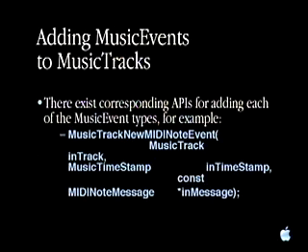So here's one example. There's an API corresponding to each one of these types of events, and all of them are very similar to this one, so I'm just going to go over the one. This is how you add a MIDI note event. The first argument is the music track you're adding the event to. The second argument, I think they got the arguments lined up a little bit funny, but the second argument, if you can make sense of that, is the timestamp.